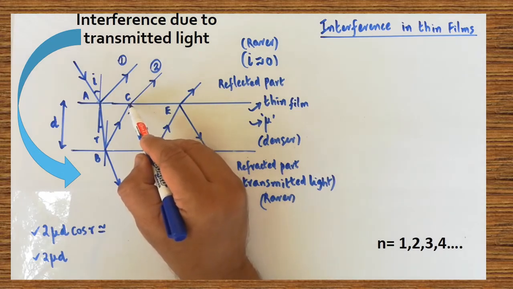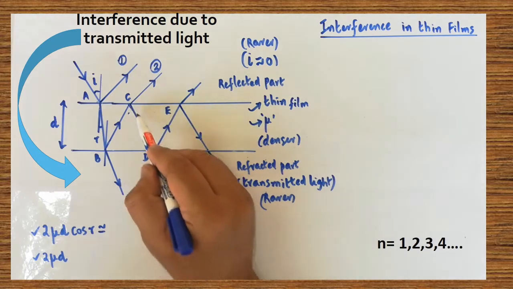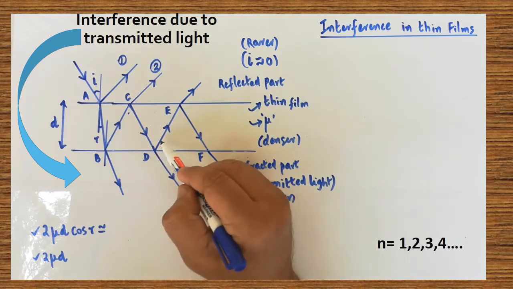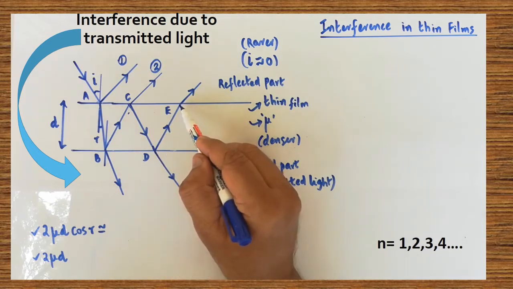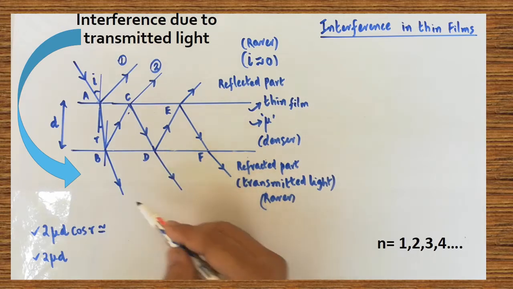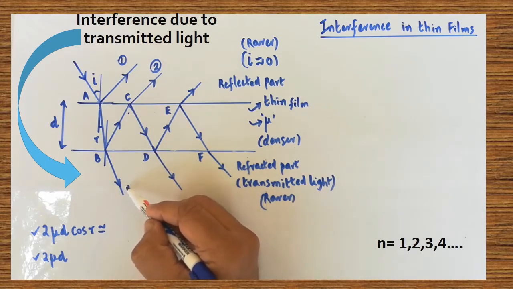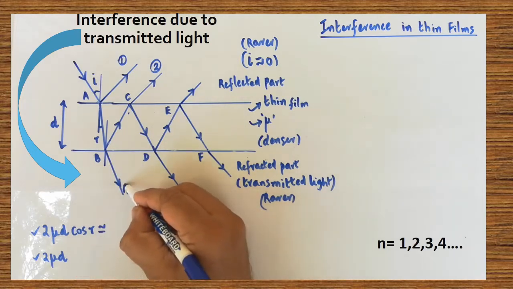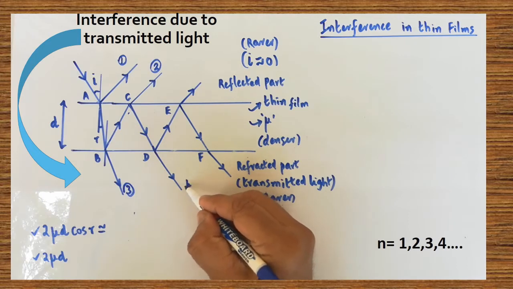After getting reflected here, at D again the ray gets refracted and reflected. At D it gets refracted. Now this one can be taken as the third ray and this one as the fourth ray. Are you clear?